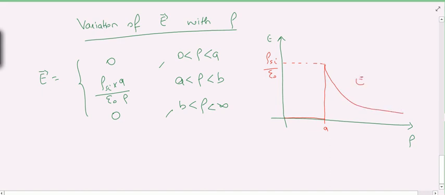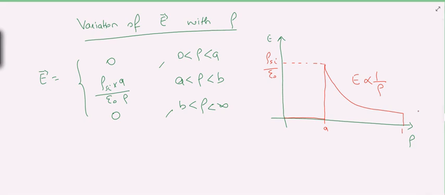It is not the square of the distance, but it is inversely proportional to rho. After this reaches B, after that it becomes 0 only. So here the radius is B. So you can plot this variation of E with radius.